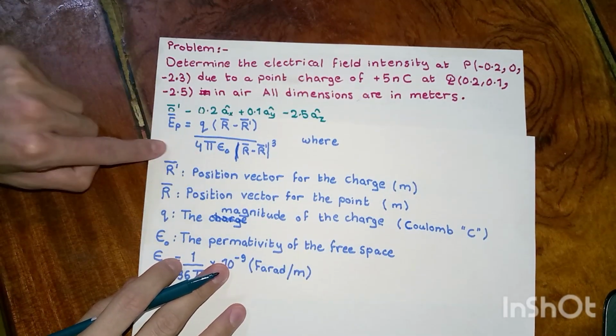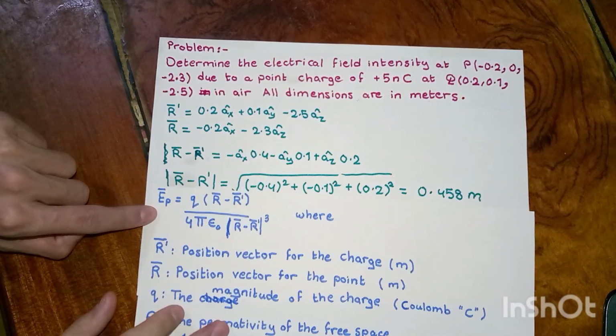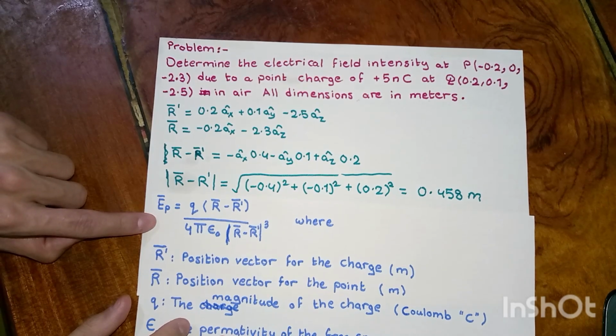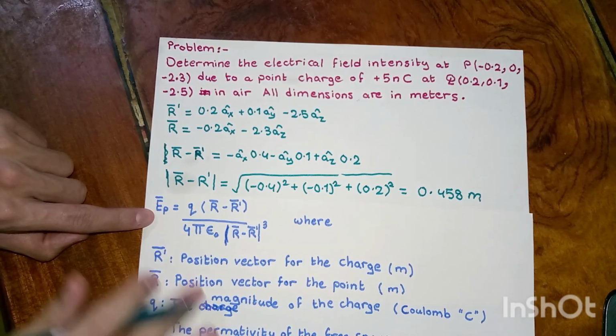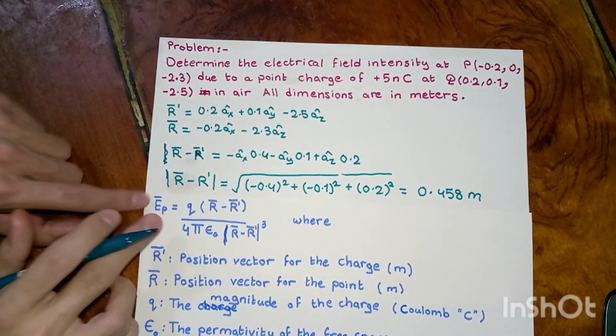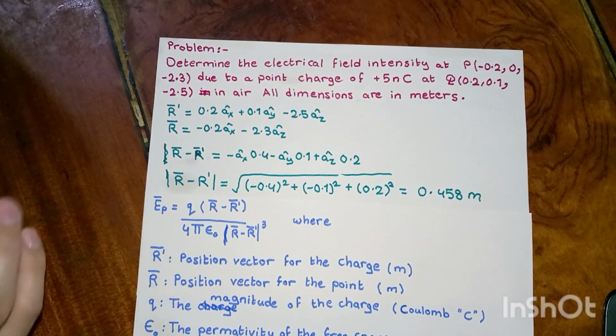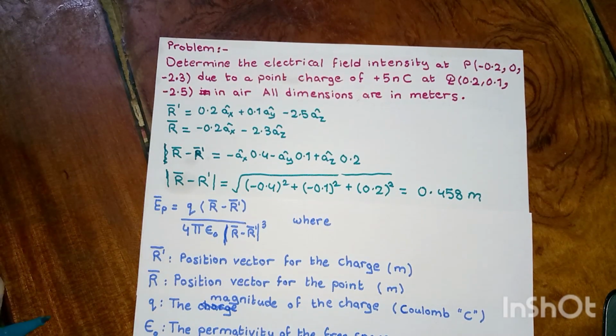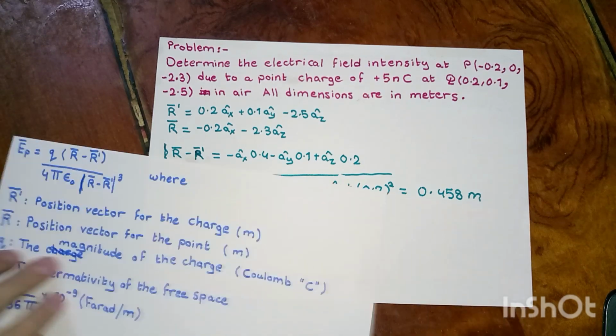We are going only to substitute in this equation, but the problem is that in most cases we prefer to write the electrical field intensity vector as a product between the unit vector a sub p and the magnitude of the electrical field intensity.